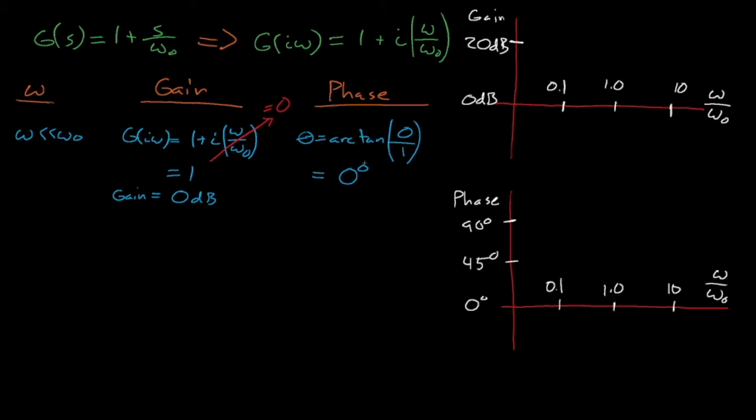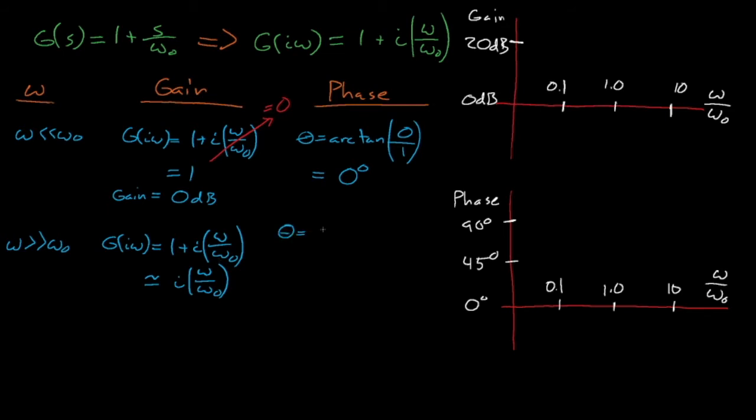For very large values of omega, this 1 plus term becomes insignificant compared to the magnitude of omega divided by omega naught, which means that our function is approximately equal to i times omega divided by omega naught. When we take the log of this term, we see that our gain is approximately equal to that same 20 decibels per decade linear function that we saw when our s-domain function was equal to s in the previous lecture.